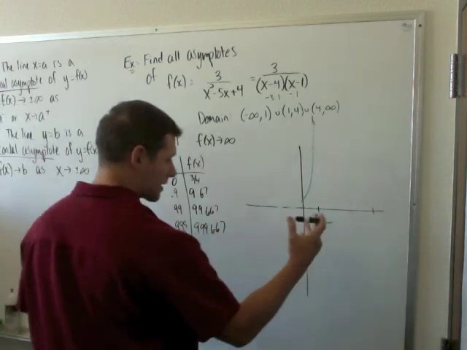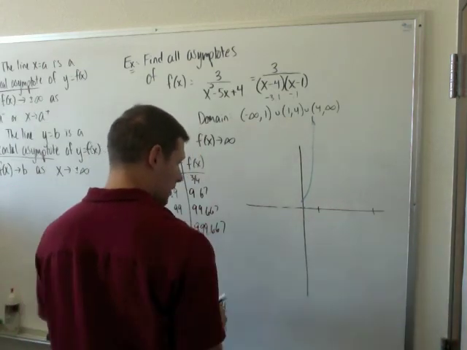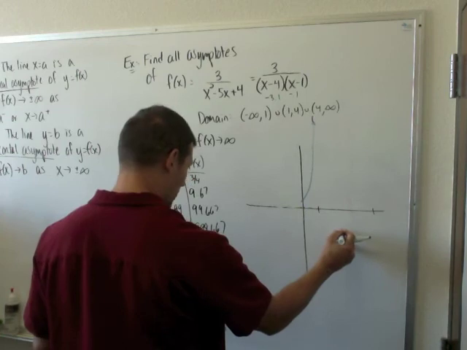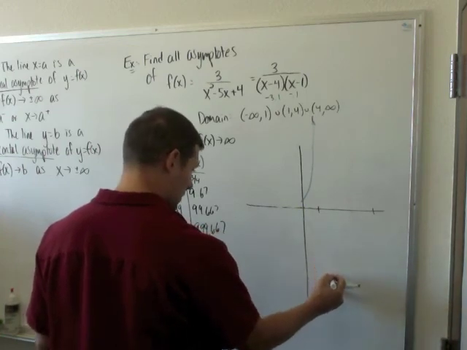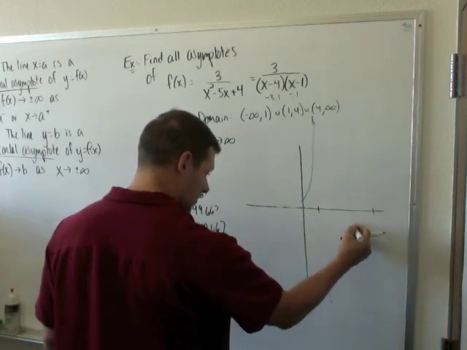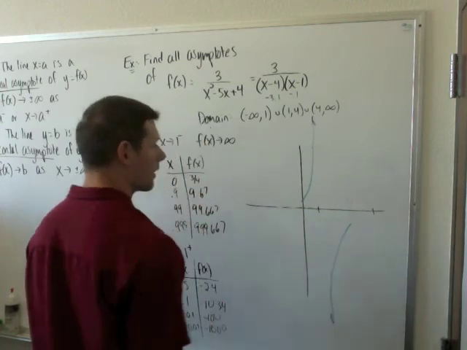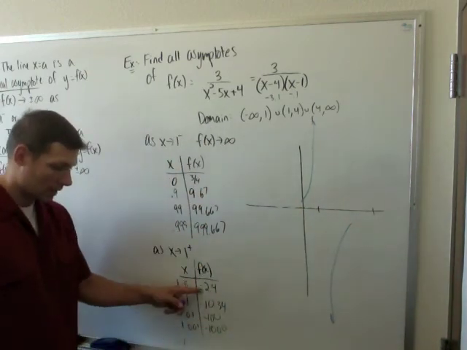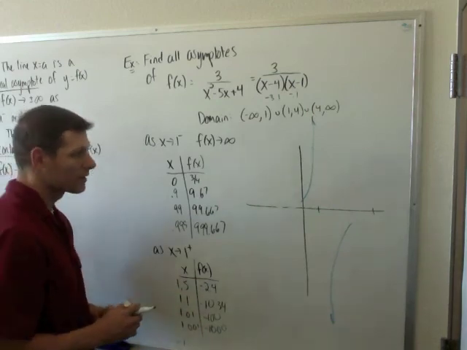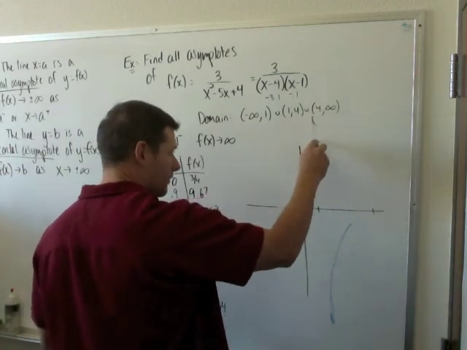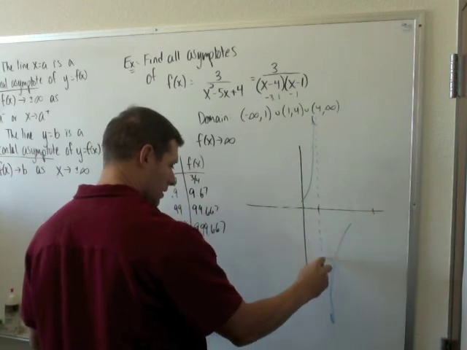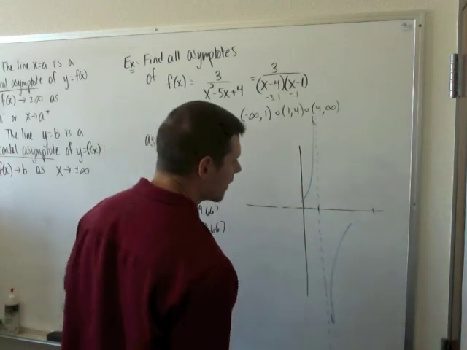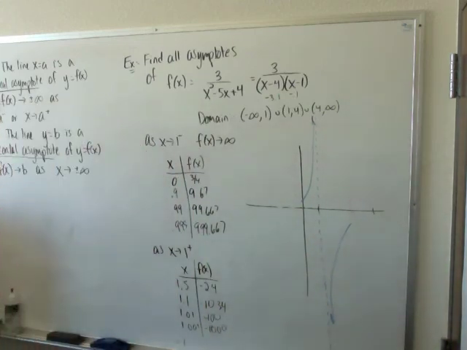And what happens here? As I approach 1 from the right, I have negative 2.4, negative 10, and so forth. These numbers, again, these are just points, right? These numbers get closer and closer to negative infinity, getting larger and larger in magnitude. And what that says is that we have this imaginary line that we're going to approach and get closer and closer to.